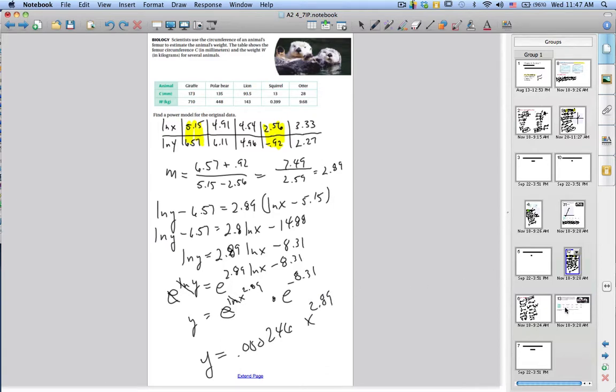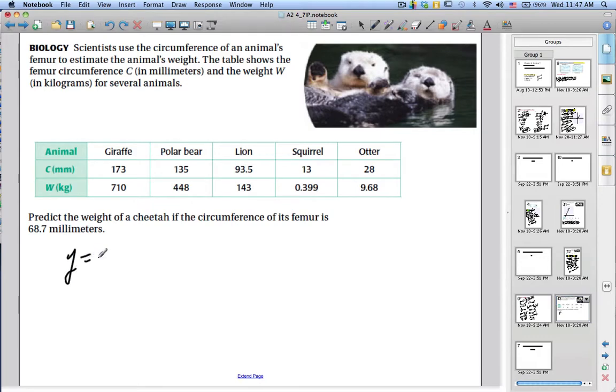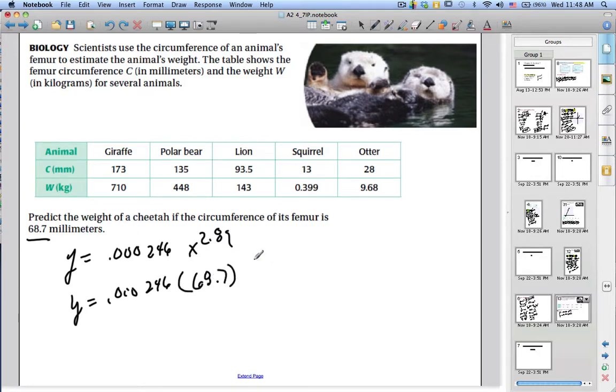So if I move along to try to solve that, I have y is equal to 0.000246 times x to the 2.89 power. Now if we want to plug this in here, y would be equal to 0.000246 times 68.7 to the 2.89 power.